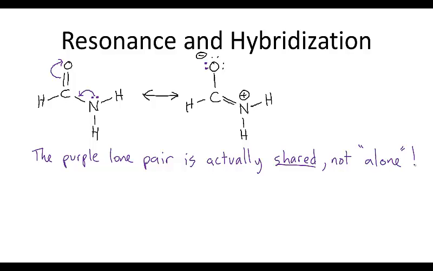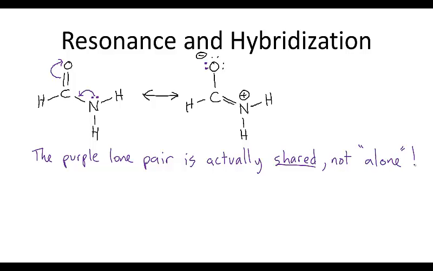And because of that, if we're thinking about the number of domains on the nitrogen, it really only has 3 domains. We don't count that lone pair as being a separate domain because it's going to be part of the pi bonding. We call it the pi system. Okay?